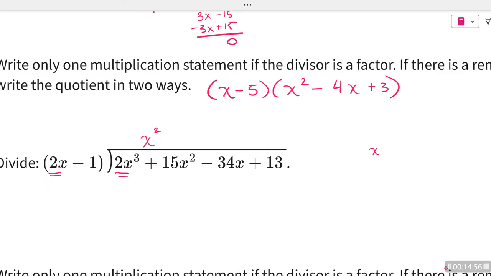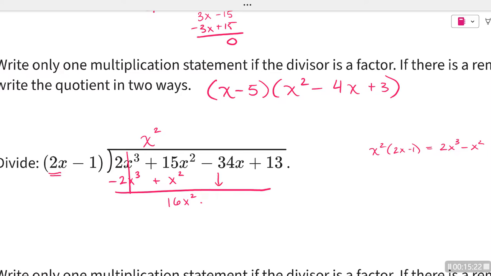So x squared times 2x minus 1 gives us 2x cubed minus x squared. Remember, we are subtracting these terms, so we're going to switch the signs. So I'm going to do minus 2x cubed plus x squared. Okay, so these cancel. Here we're left with 16x squared. Pull down our minus 34x and pull down our 13.